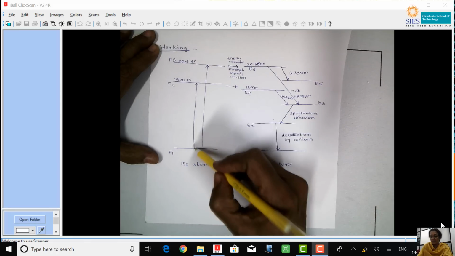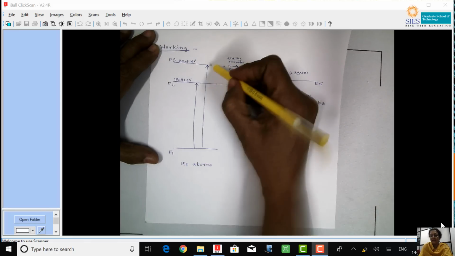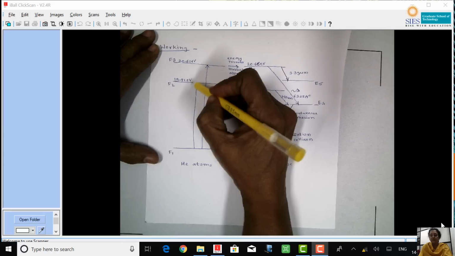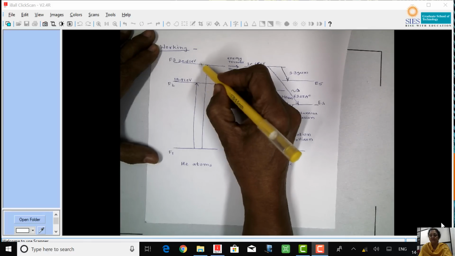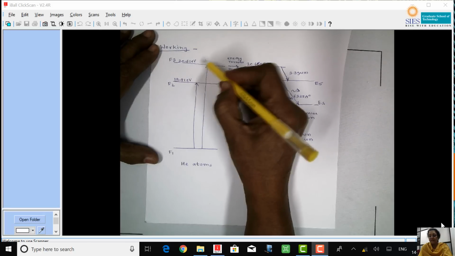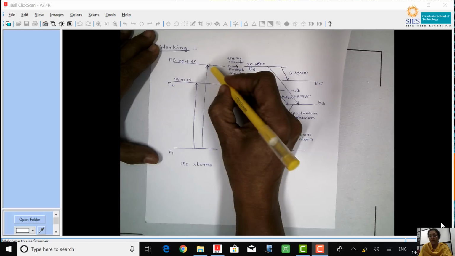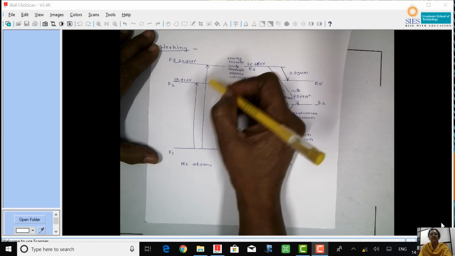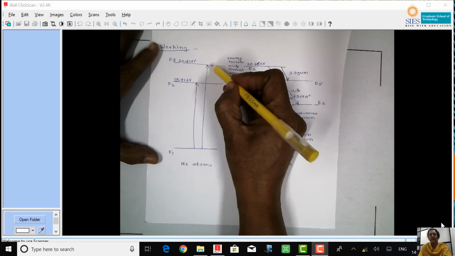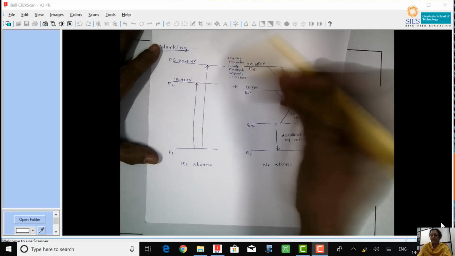So many helium atoms get accumulated in these two energy levels F2 and F3. Since radiative decay is not possible, these atoms will be trapped in these two energy levels, them being metastable energy levels.